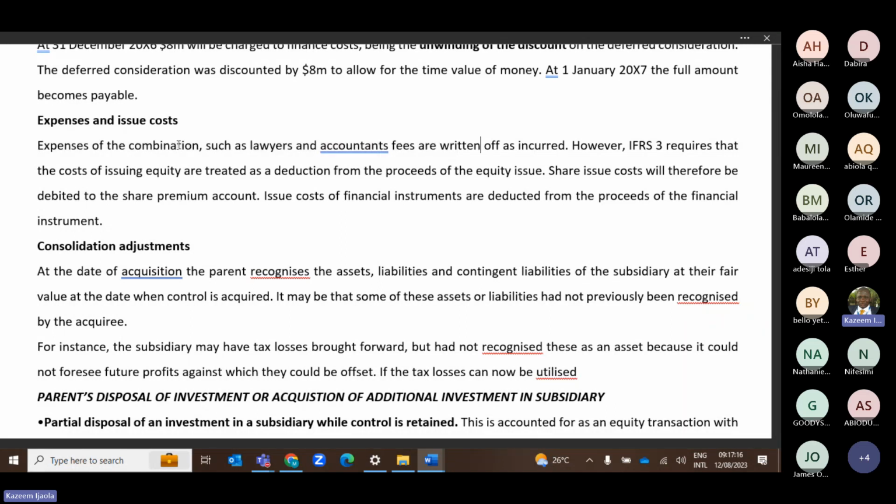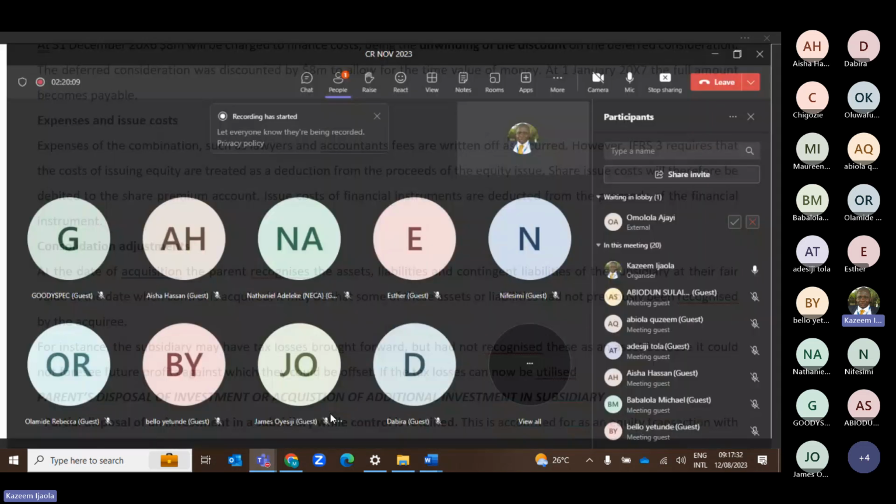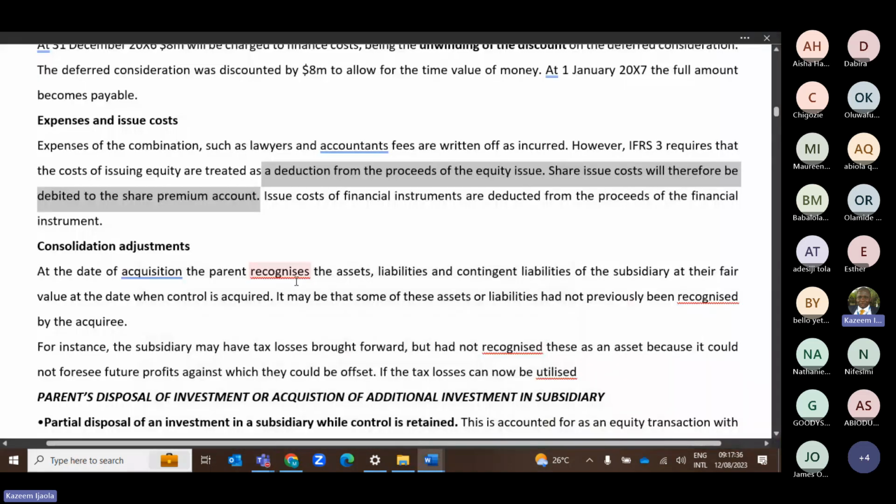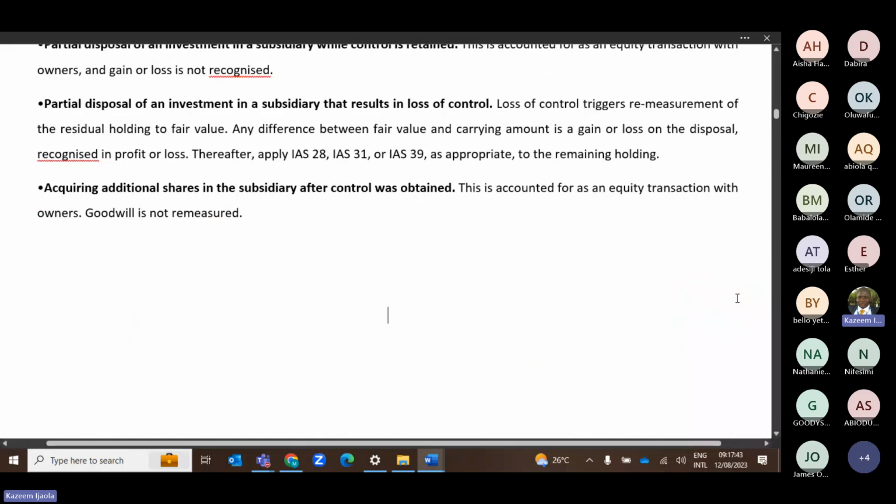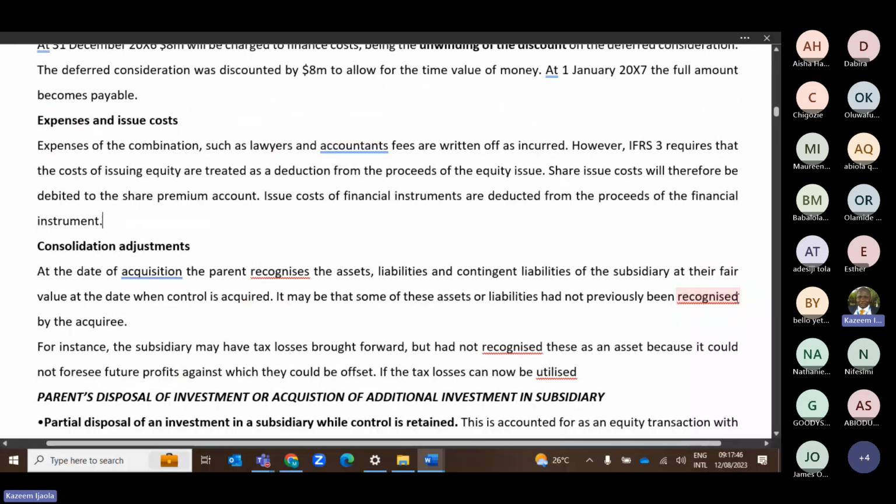However, any share related expenses must be deducted from your share premium account, while every other expense and issue cost should be written off to P&L. So that's just it. Every other adjustment, we will discuss in the class.